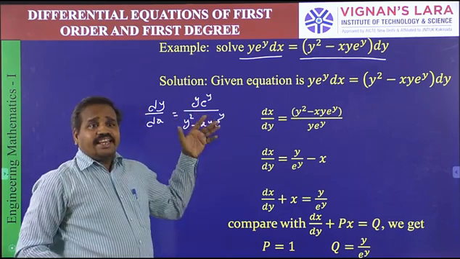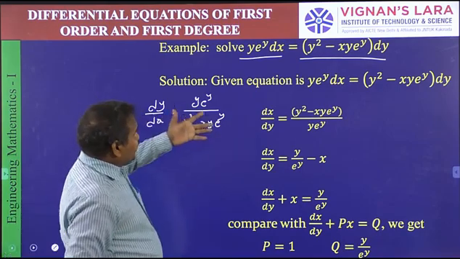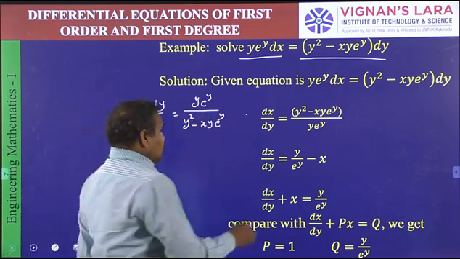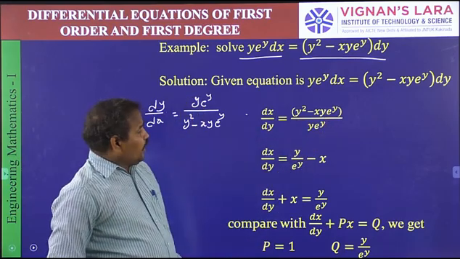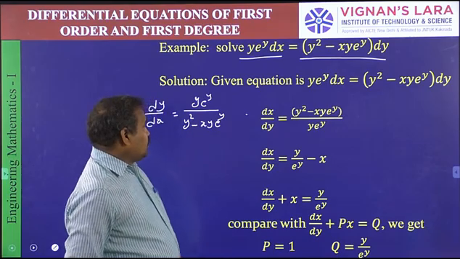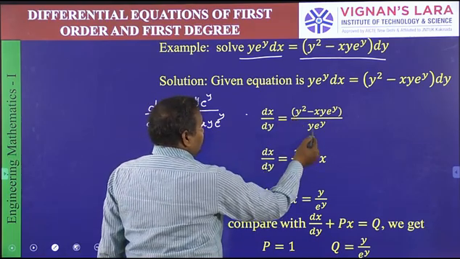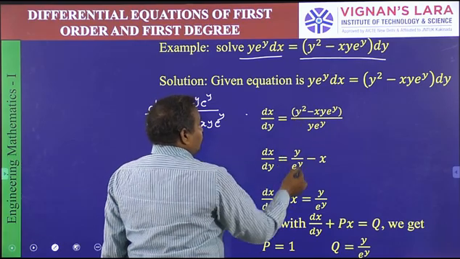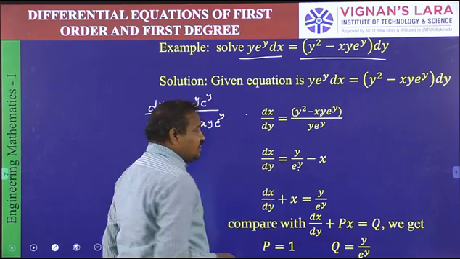Here, this one cannot be split into two terms, that's why I wrote dx by dy. What is the value of dx by dy? Y square minus xy e power y by y into e power y. Split this into two parts: y square by y e power y, with y cancelled, gives y by e power y; xy e power y by y e power y, with e power y cancelled, gives x.